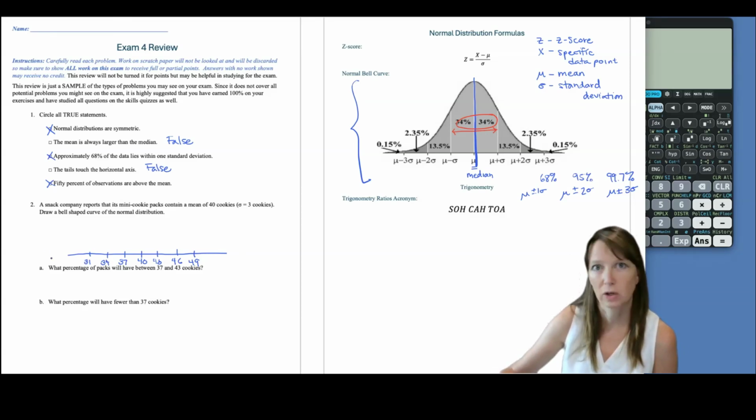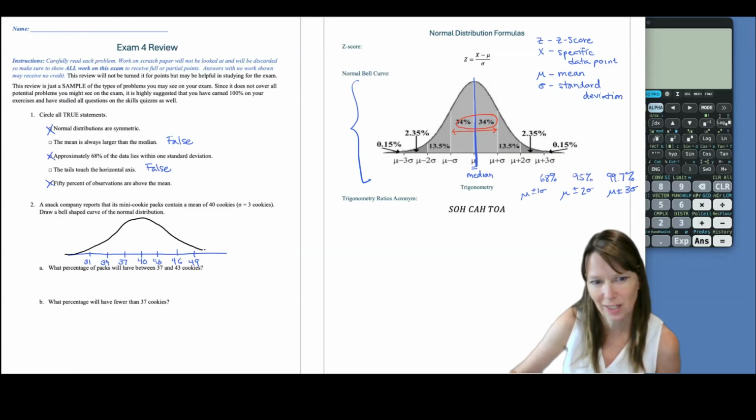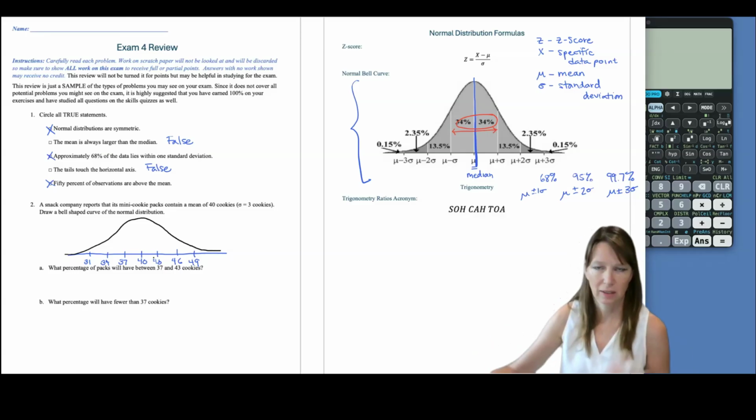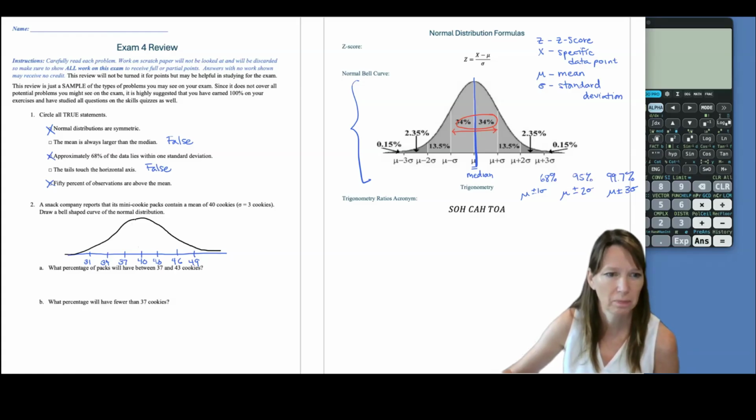And then I'll draw my curve. Again, you probably shouldn't touch the x-axis, but you're going to just hover over it and then peak it at 40 and then draw it to the right. Doesn't have to be perfect as long as I knew that you were trying to be symmetrical. Okay, so there's your bell-shaped curve.